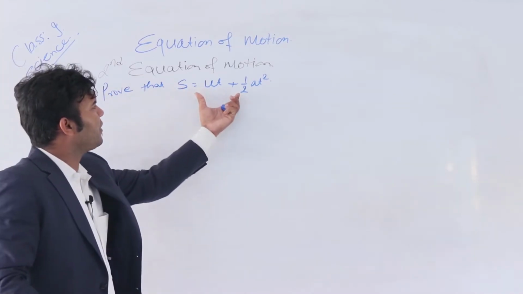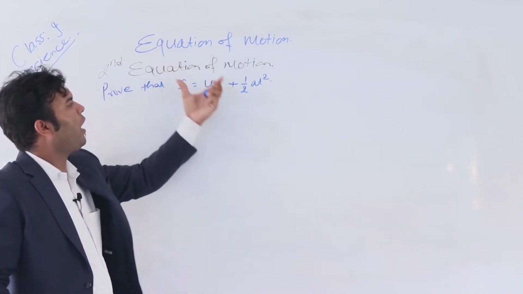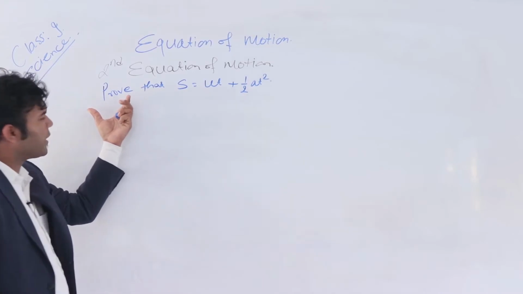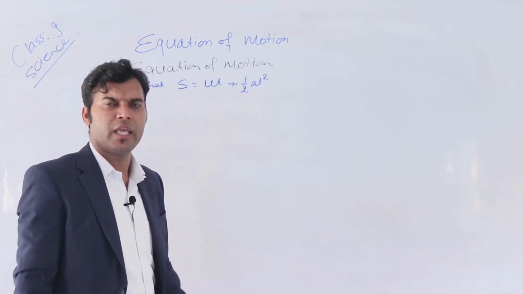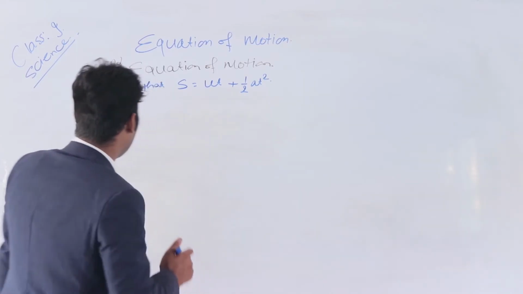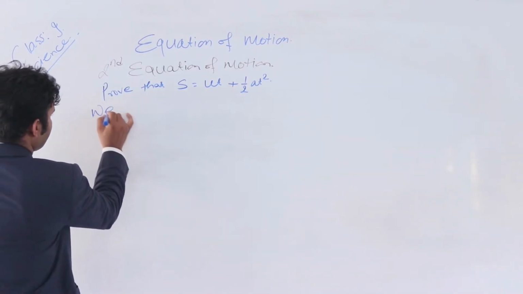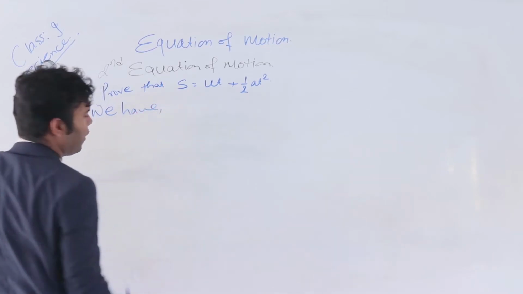This equation is called the second equation of motion. We have S is equal to U plus V upon 2 multiplied by T.